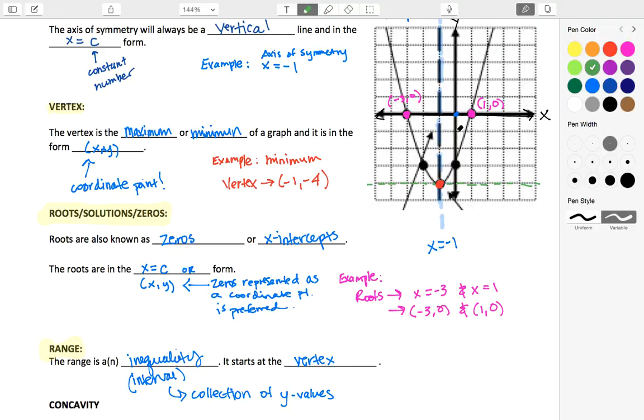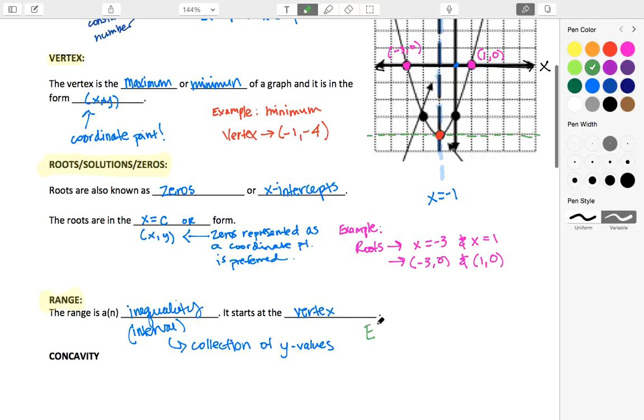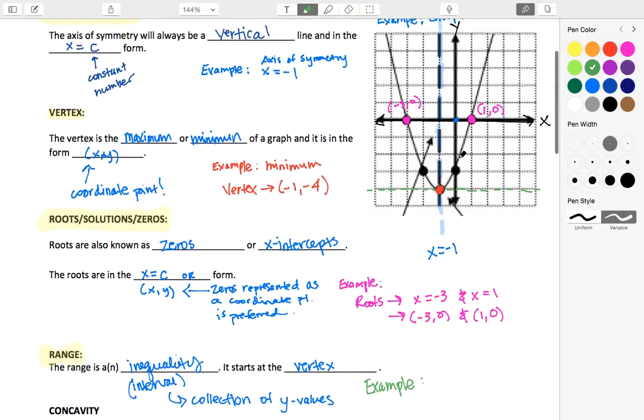So 1, 2, 3, 4. This is -4. All of our graph is above that value or at -4. So that means that our range in our example could equal -4, or it can be any value greater than -4.